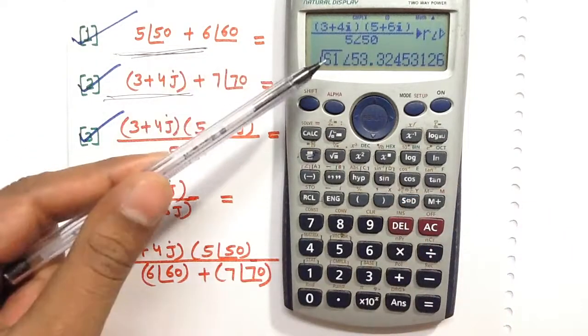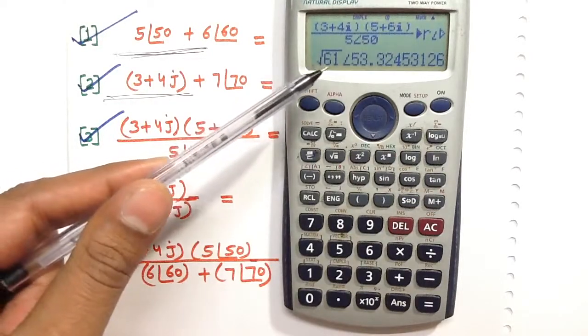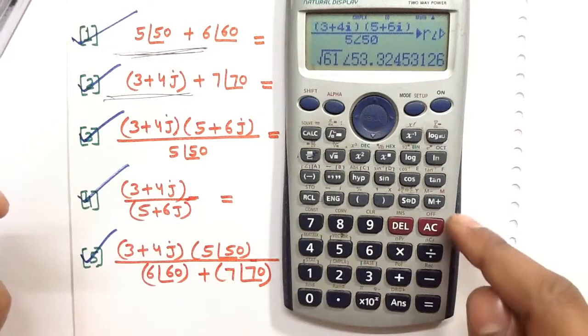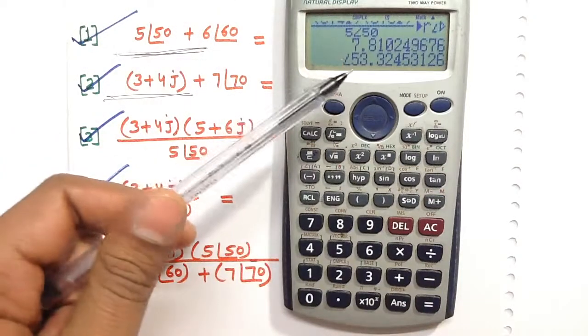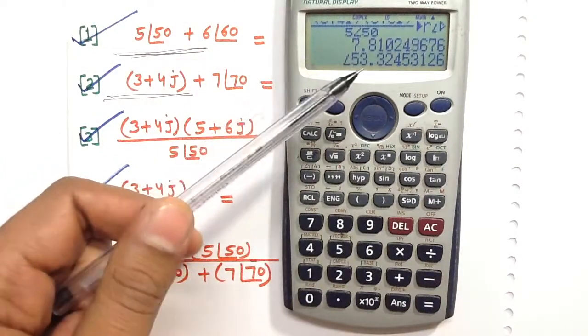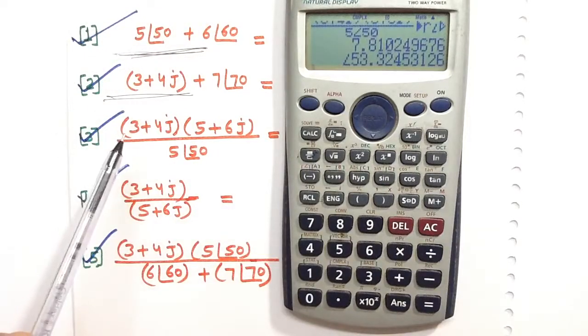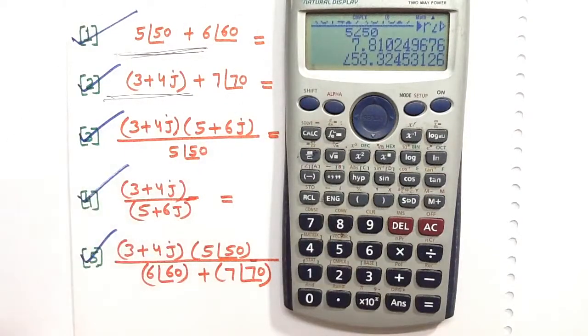See, the answer is given in root form: root 61 angle 53.32. If you press S-D, you will get the solution in decimal form, 7.81 angle 53.32. So the answer of question number 3 in polar form is 7.81 angle 53.32.